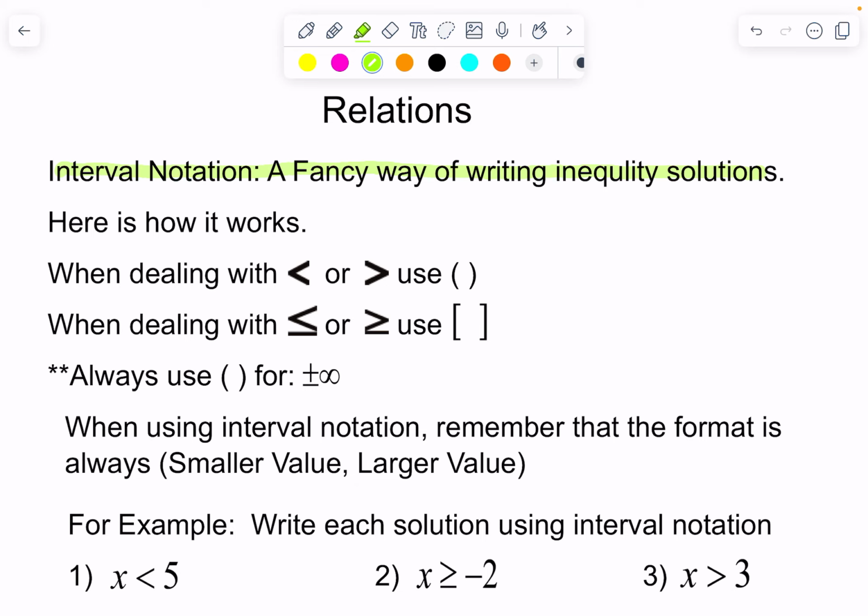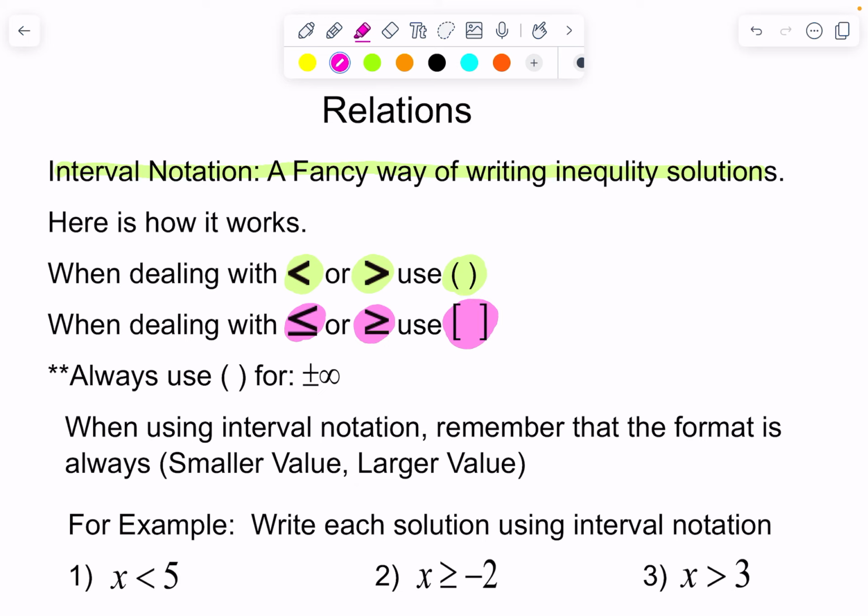So here's how it works. Whenever we're dealing with just a less than or a greater than symbol, we're going to use parentheses. And when we're working with less than or equal to or greater than or equal to inequalities, we're going to use brackets.